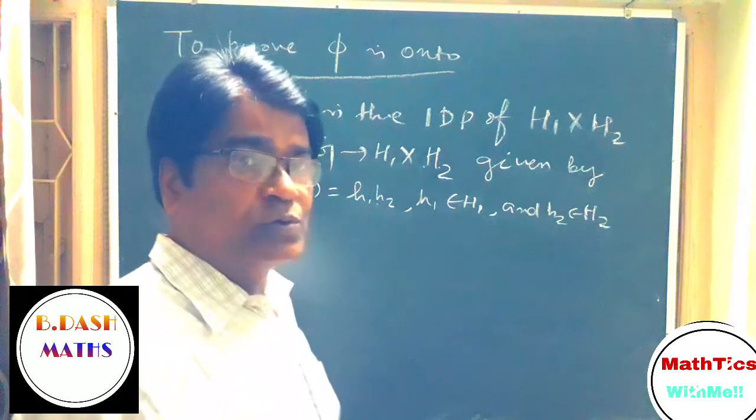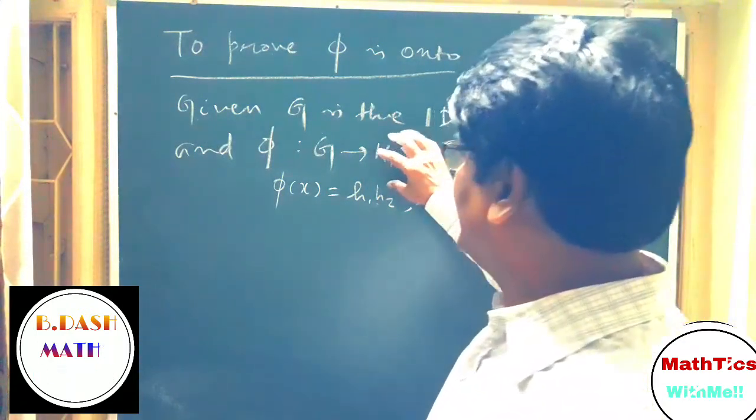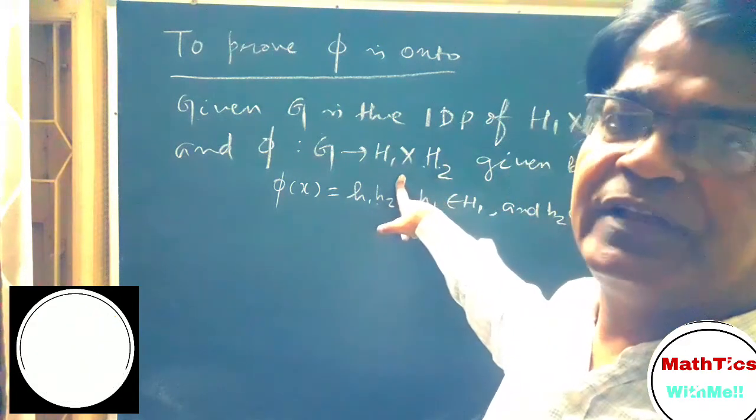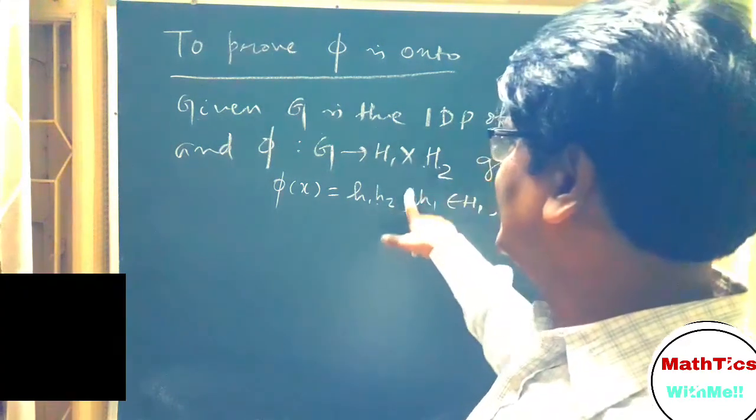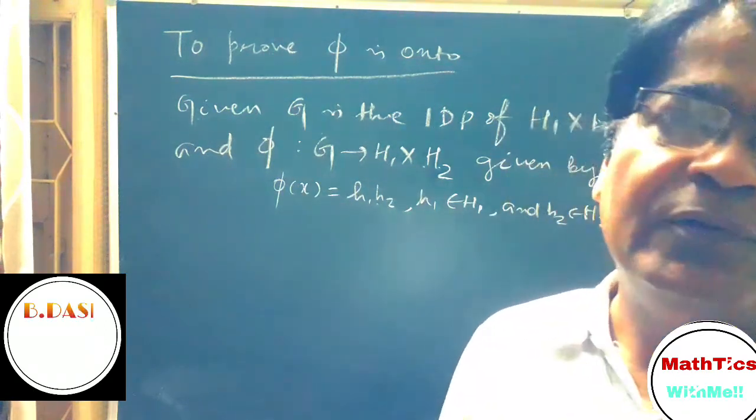So in order to show the function is onto, we have to choose an element from H1 cross H2, and we must show that there exists a preimage in G by which the function phi will be onto.